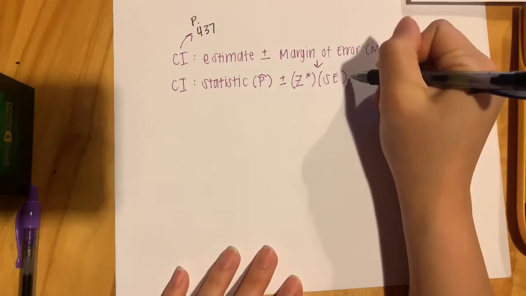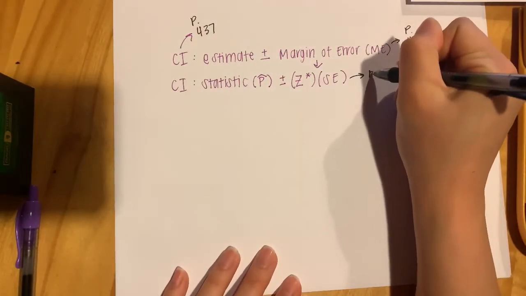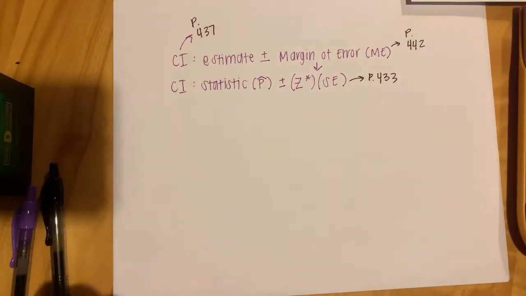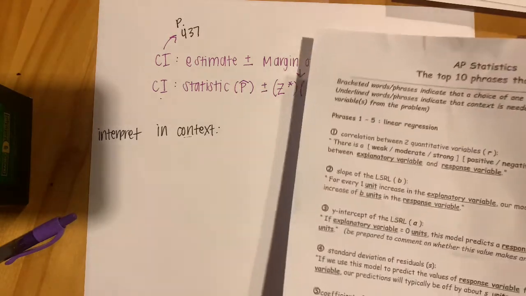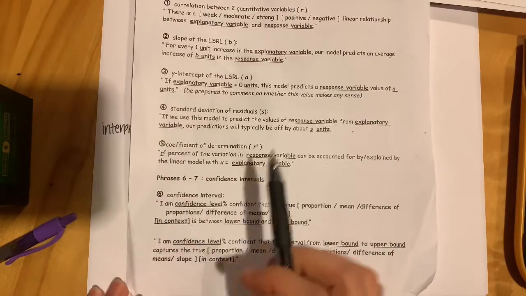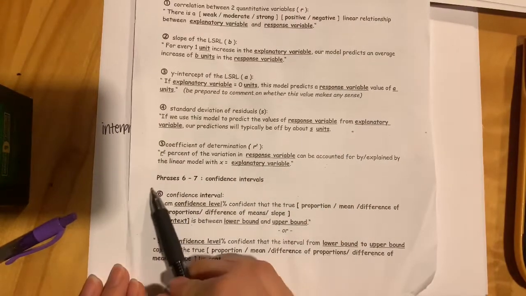Okay, and then standard error, you can find it on page 433 in the textbook. And we're going to interpret the confidence interval in context using the phrases from the sheet that Mr. Vercow gave us. It's going to be number 6.